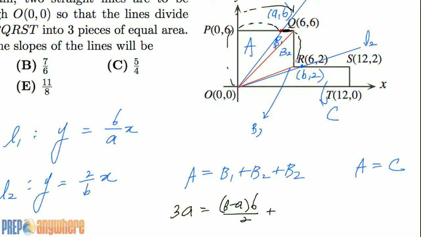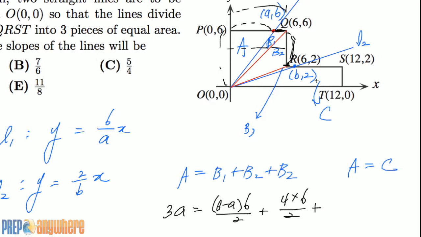This is the base, right? What's that height? What's that base length? We're at 2 to 6, so it's 4. The height is this way, 6 divided by 2. Okay, good. What about B3? What's this tiny length right here? That tiny length.